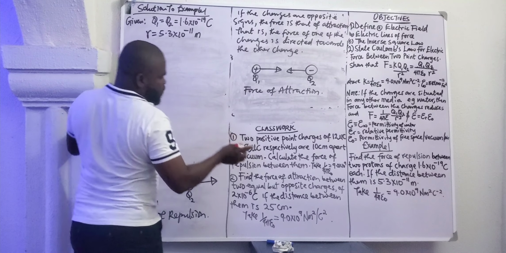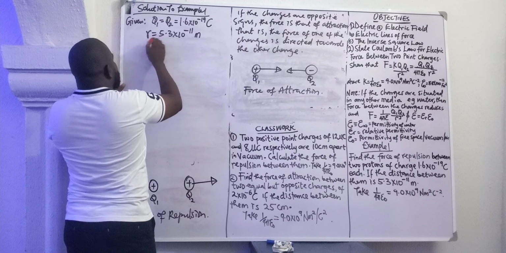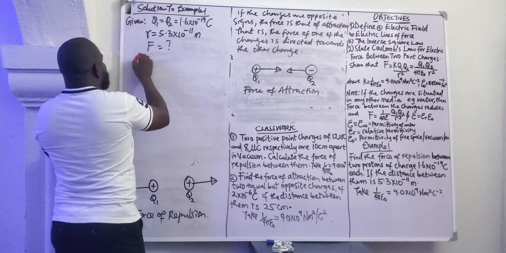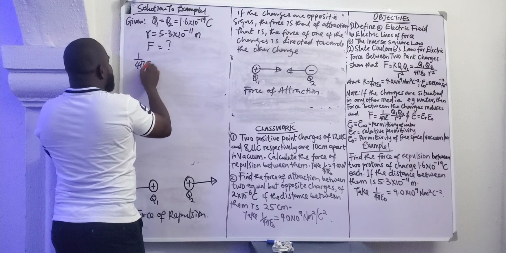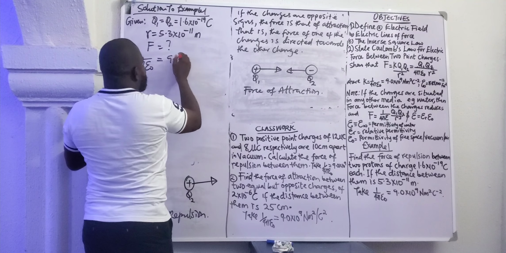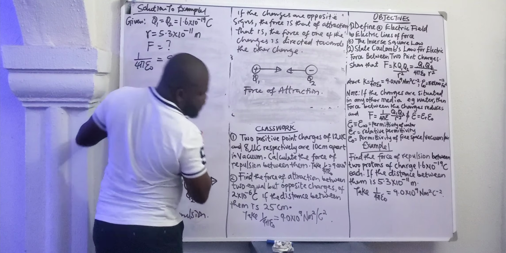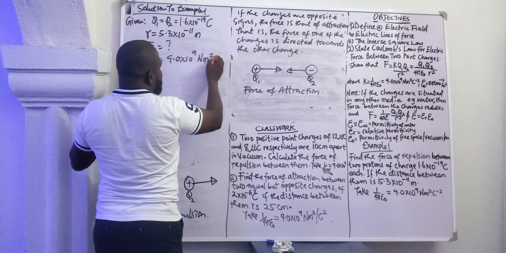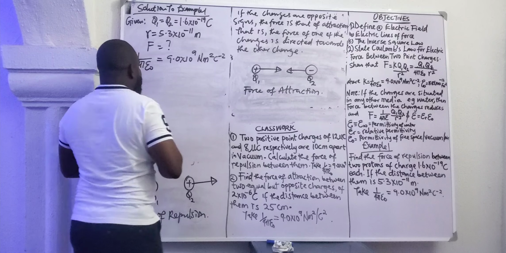Now, we are asked to find the force. And then we are given the value of 1 over 4 pi epsilon 0 to be equal to 9.0 times 10 raised to the power of 9 Newton meter square per coulomb square.